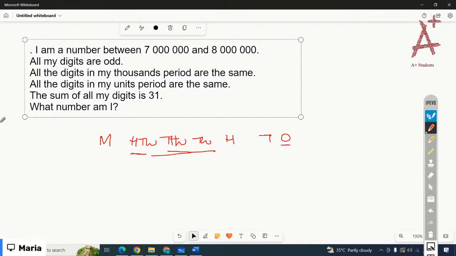This one is just the unit period. Between 7 and 8 million, all digits are odd numbers. Hold on. Okay, odd number. Be 7.